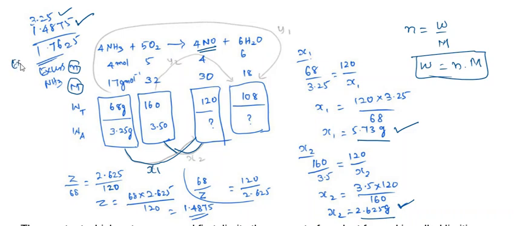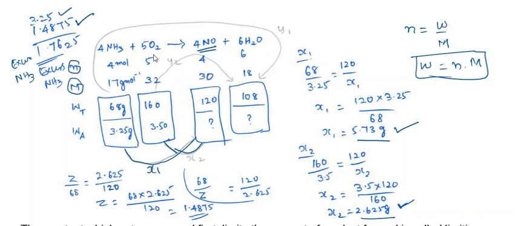So this is the excess amount of ammonia. Likewise we should be able to calculate the excess amount of reactant. So ammonia is the excess reactant. How much is excess? 1.7625 is in excess. Clear?